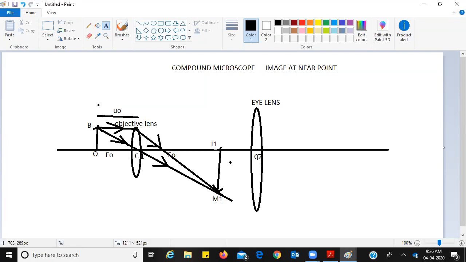Between F and O. This F is called FE, the eye lens focus. So I should bring the eye lens in such a way that it forms an image at 25. That means the image will be within the focal length of this eye lens.